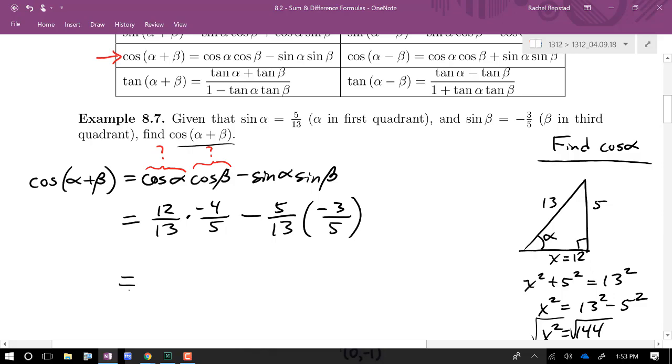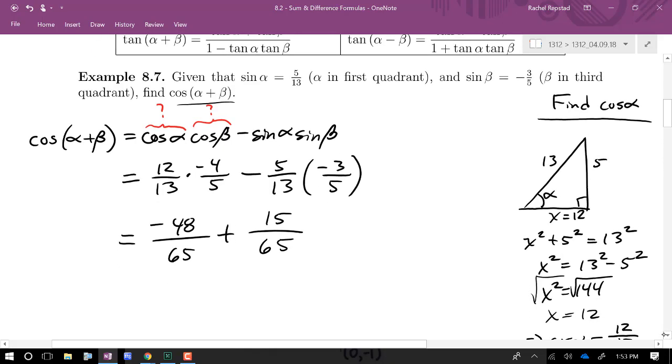So all we need to do is simplify this, a little bit of arithmetic. Let's see, minus 48 over 65. This will be a plus 15 over 65, which is a negative something, 33 over 65.